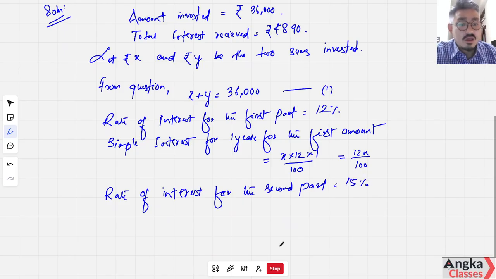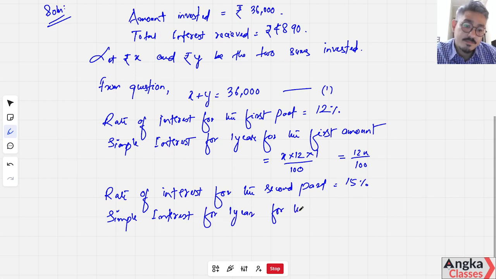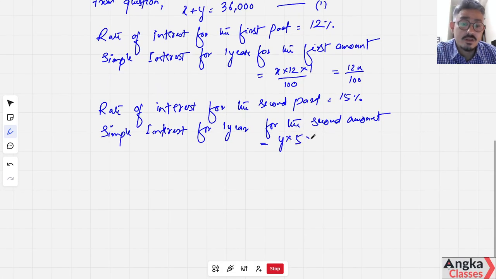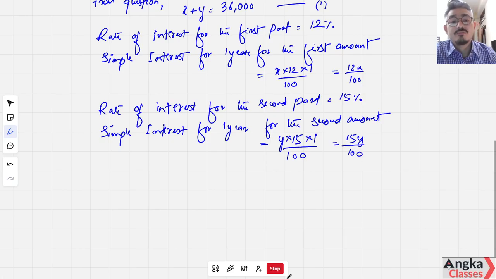The simple interest for 1 year for the second amount is y into 15 into 1 upon 100, so we have 15y by 100.